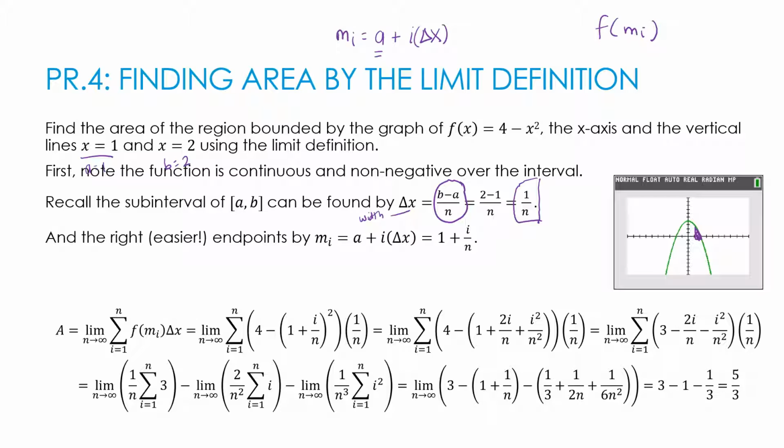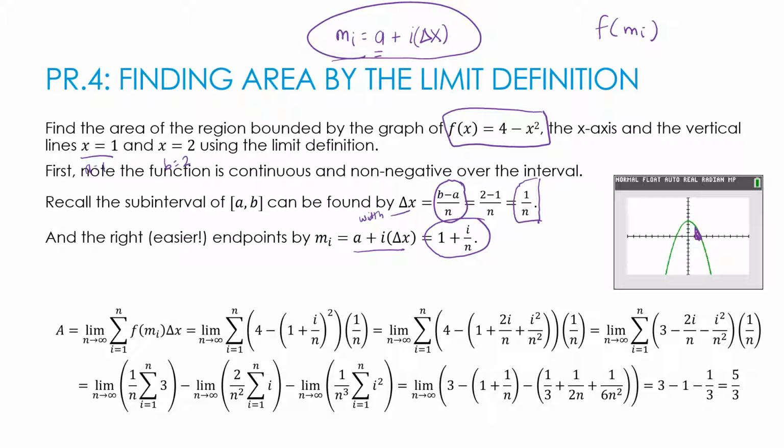And then the right endpoint, again, I'm using this formula to take a plus i delta x, which gives me 1 plus i over n. So those are my two values I'm going to use. And remember that my function is 4 minus x squared.